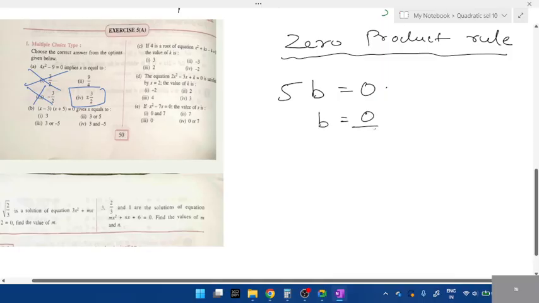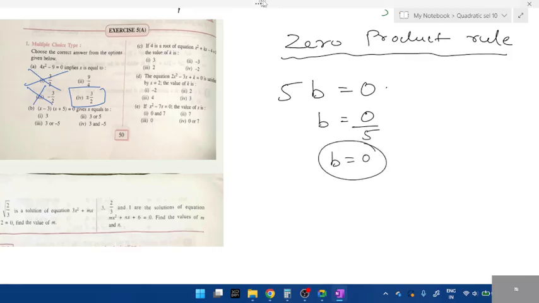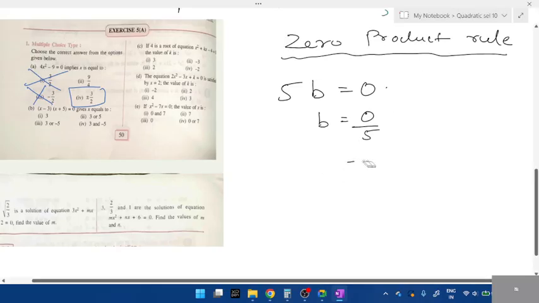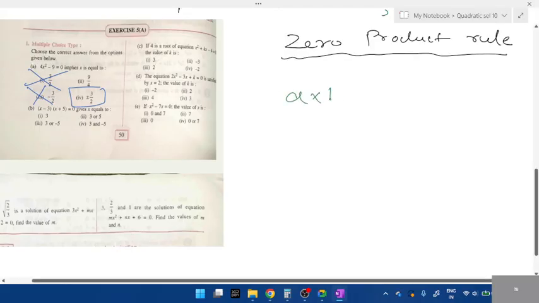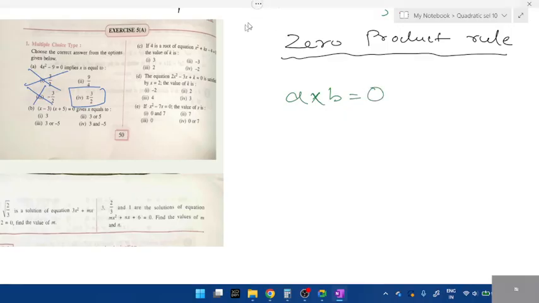How come 5? 0 divided by 5 is how much? 0, right? So which means, I'll give one more example. a into b is equal to 0.